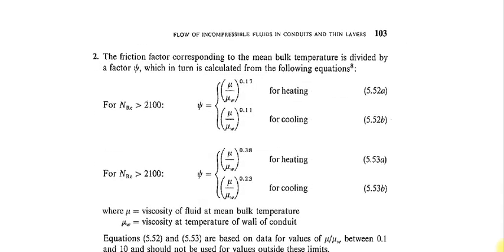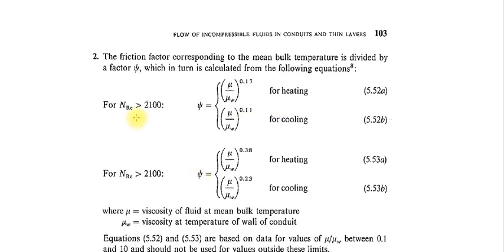If the temperature is changing, then you have to divide the friction factor by a factor represented here, which is basically the ratio of the viscosity at the bulk and at the wall. Here mu is the viscosity of the fluid at the mean bulk temperature, and mu w is the viscosity at the temperature of the wall of the conduit. Whether you are increasing or decreasing the temperature, you have to divide the friction factor by this factor.